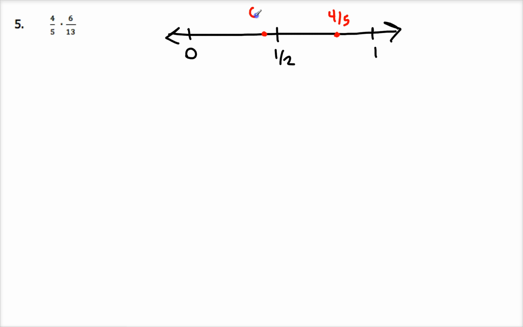It's about right here. So you can see from this that 4/5 is a little bit closer to 1, and 6/13 is closest to 1/2. And 1 times 1/2 is, we know, 1/2. So this estimate would be about 1/2.